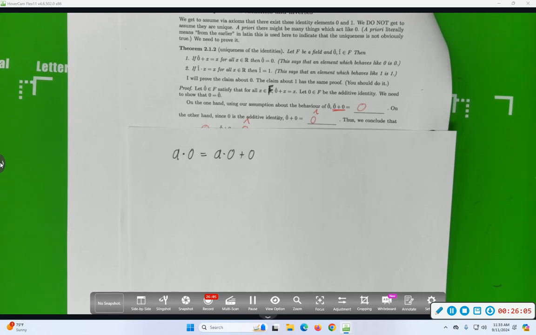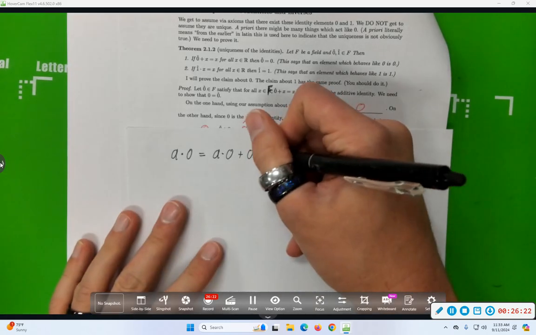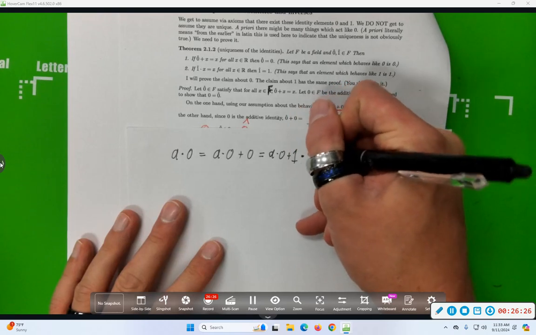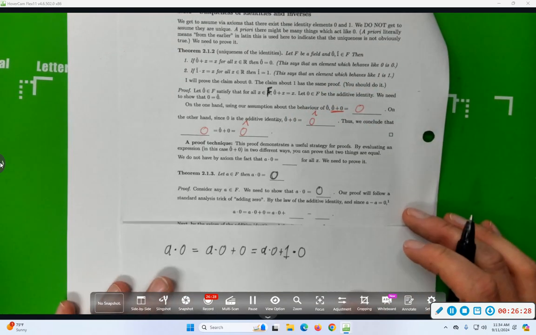Can I factor out a 0 yet though? Is that 0 times something? No. Sure it is. It's 0 times 1. Let's use that. So let's use that and we can get away with using, well, factoring. A times 0 plus 1 times 0. That's what I want to be doing.